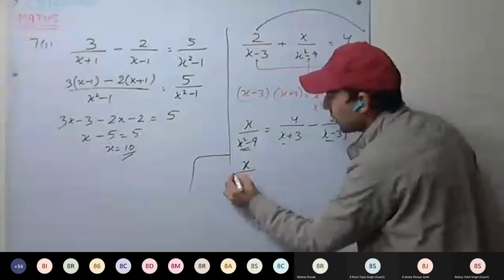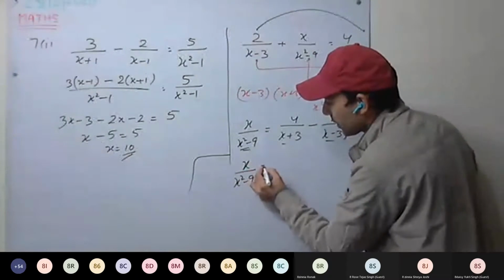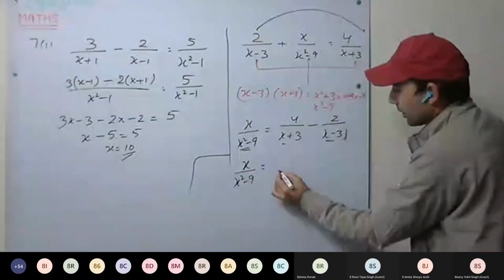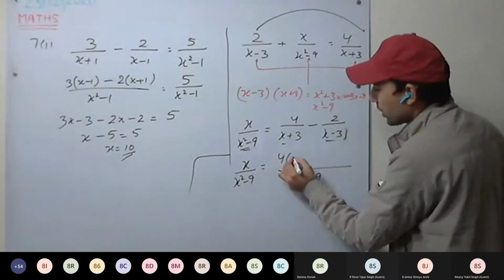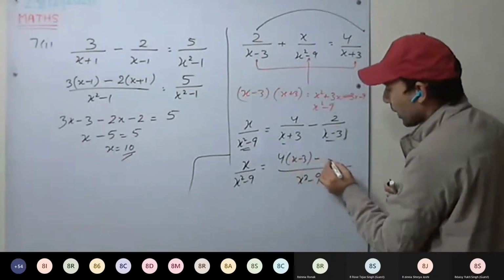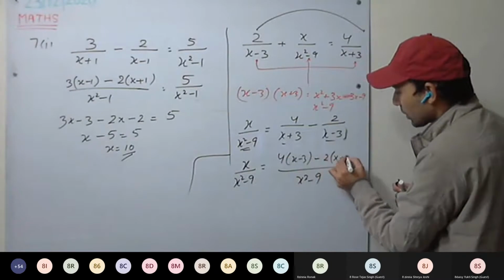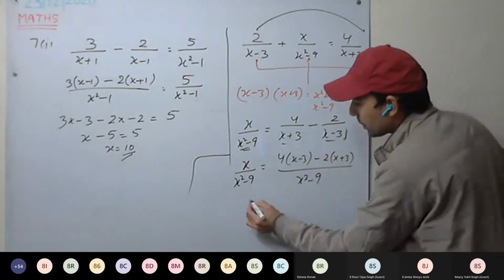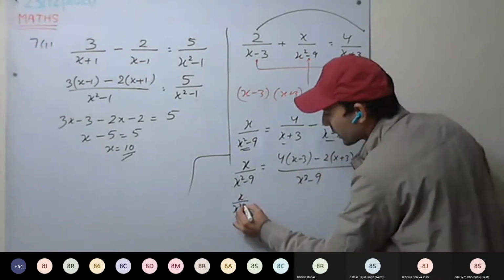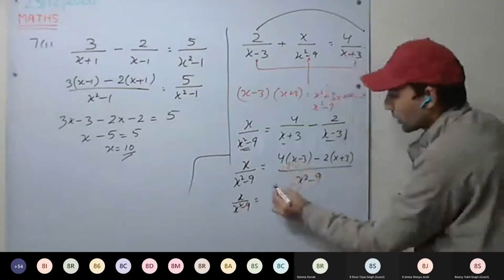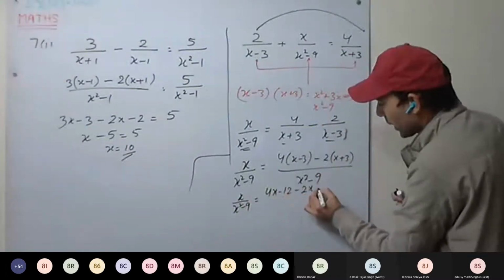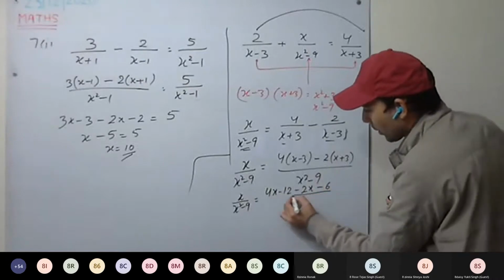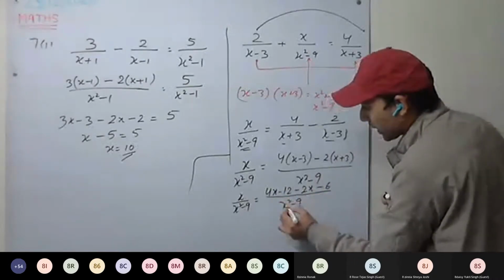So here will be x upon x square minus 9. And here, take the LCM. LCM will be x square minus 9. 4 into x minus 3 minus 2x plus 3. So x upon x square minus 9 equal to how much? x minus 12 minus 2x minus 6 upon x square minus 9.